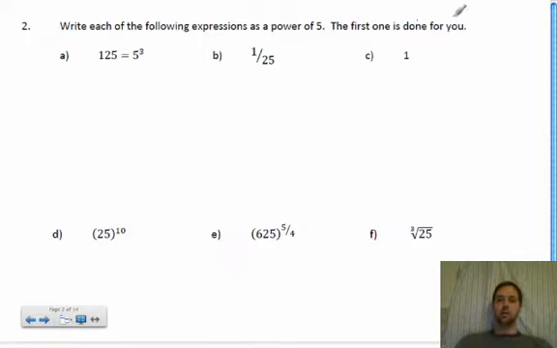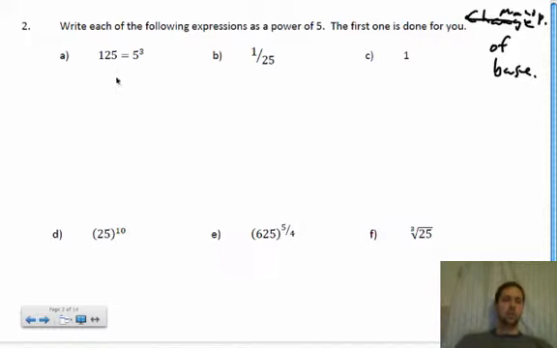So this is basically an operation where we manipulate the base and we just kind of write it. It's not really a change of base, it's more like just a manipulation of the base. Okay, but let's see how this is done. 125 can be written as 5 to the power of 3.